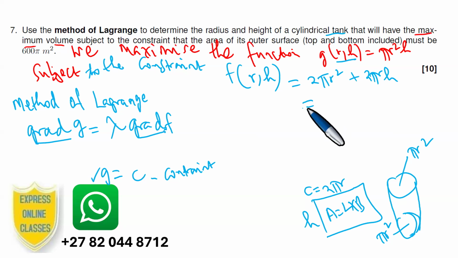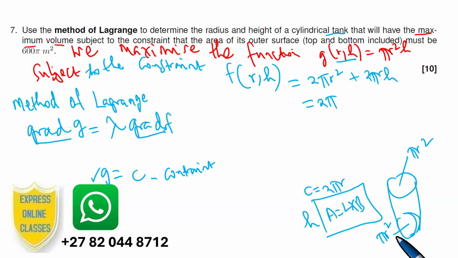Okay, we continue. So you can pull out a common factor from this, because now we have dealt with the top and the bottom, the lid and the base, and then we dealt with the side material, and this forms a rectangle.